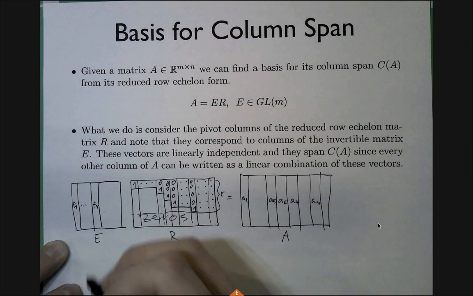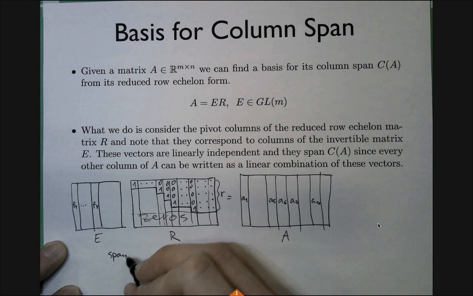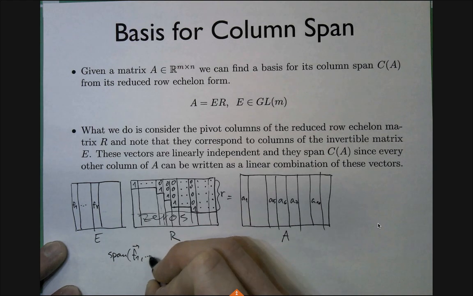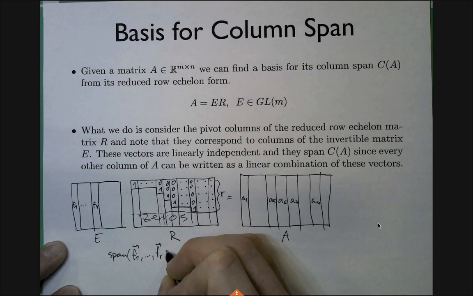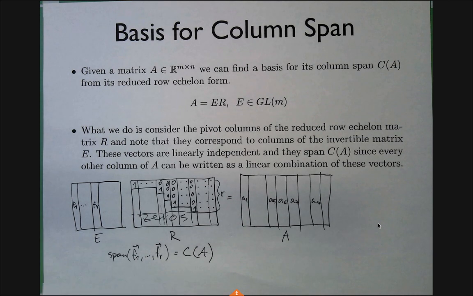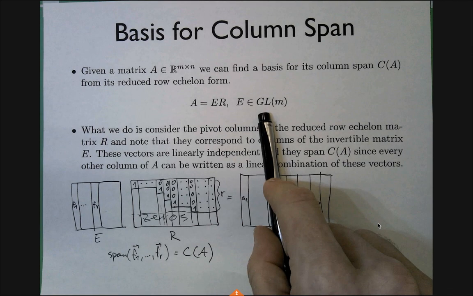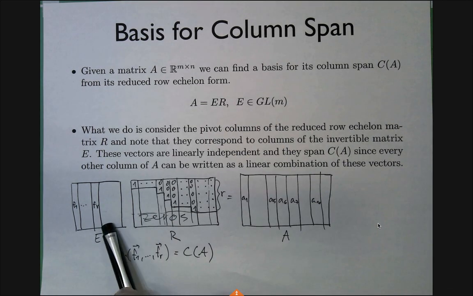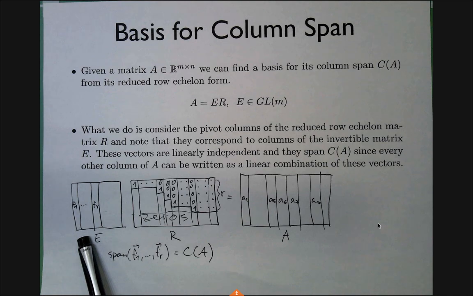I could write it like this, that the span of F1 to FR is exactly the column space of A, right? And the beautiful thing is that E is an invertible matrix, so these vectors are linearly independent. They are the basis. So that's how you can find the basis for the column span of the matrix.